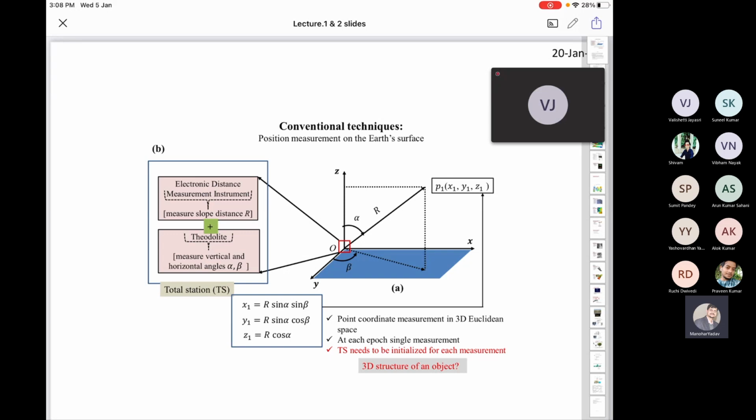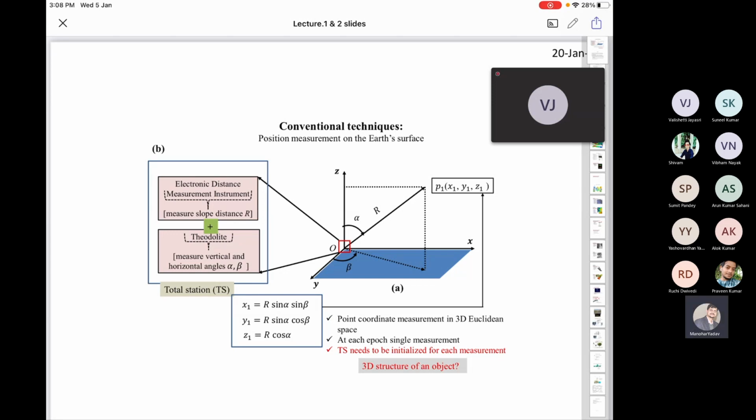So what will be its value? If you project this OP1 vector on the Z axis, it will give you an idea about the Z coordinate value. Let's try to understand it from the vector algebra concept.